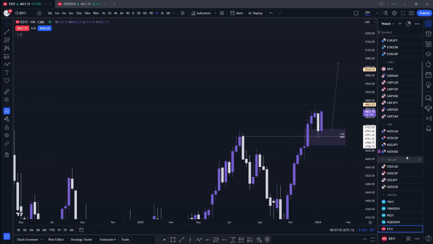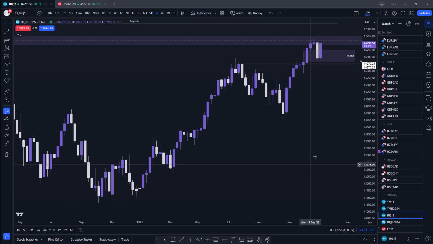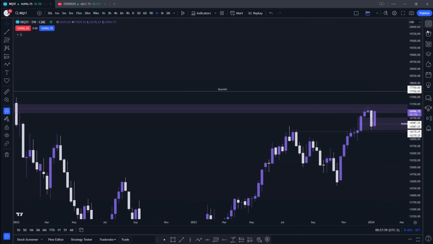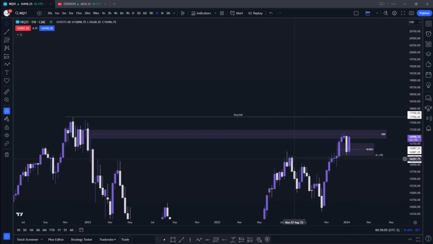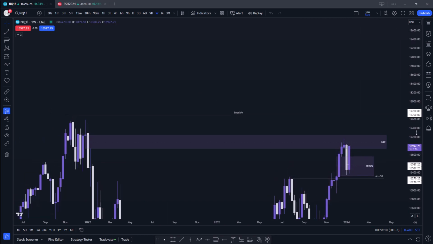In comparison, the Nasdaq did the same sort of thing, but the order block was not tagged yet because it was a little bit lower, but we did tap into the weekly buy side imbalance, dipping down below almost 100% fill.